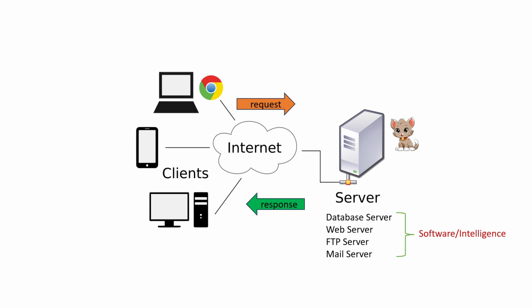For example, whenever you load up your email client, such as Outlook, and you want to have a look at your emails, those emails are stored remotely on some sort of physical device, and that physical device has some software installed that will operate as a mail server.